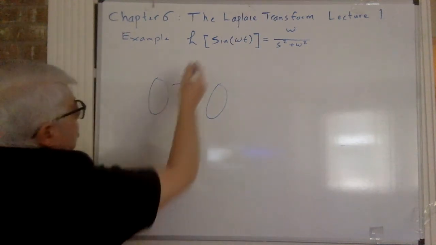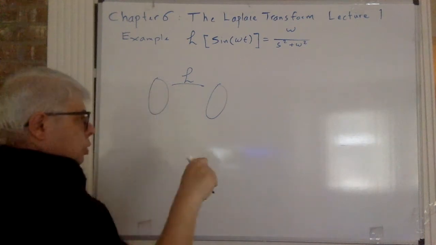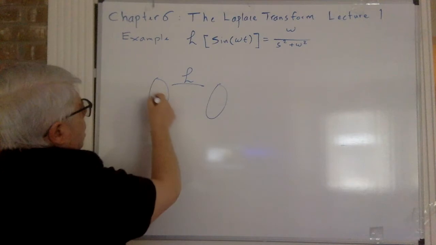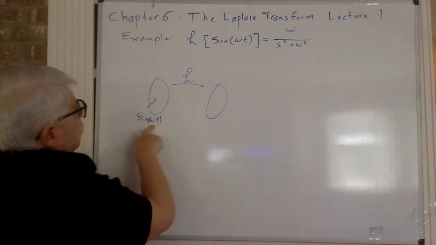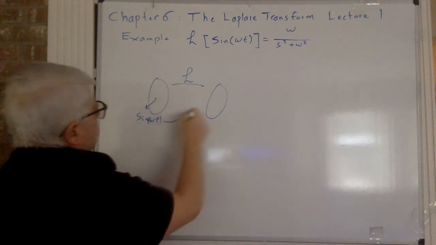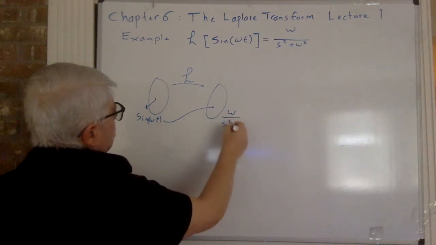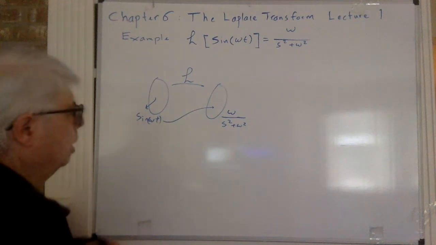So this is time domain. This omega is not changing here. You fix omega and time changes. So we have sine omega t here, omega fixed, t changes, and this guy here goes to omega over S squared plus omega squared. Now here S is like fixed in a sense.